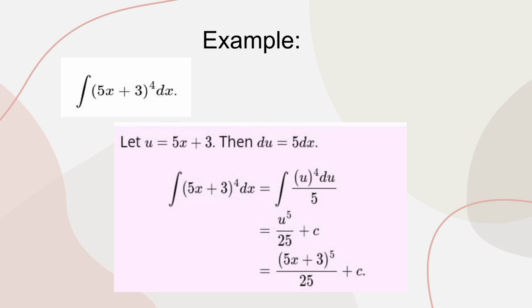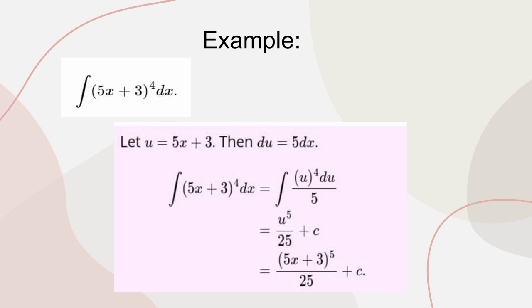So, we replace it with u raised to 4 du over 5. So, equals u raised to 5 over, since 5 multiplied by 5 is equal to 25, plus c. Since u is 5x plus 3, our final answer is (5x plus 3) raised to 5 over 25 plus c.